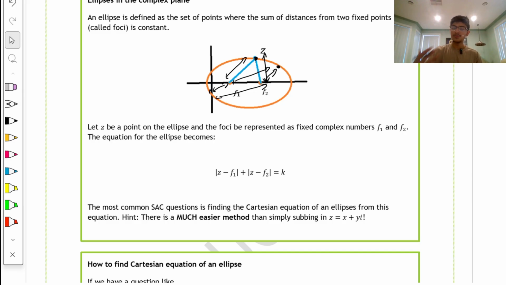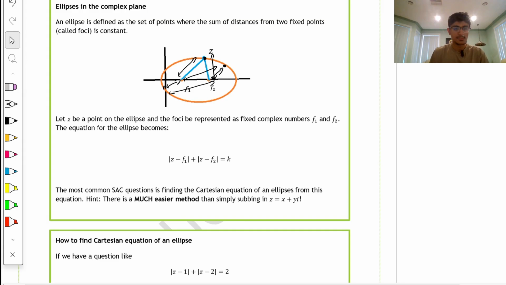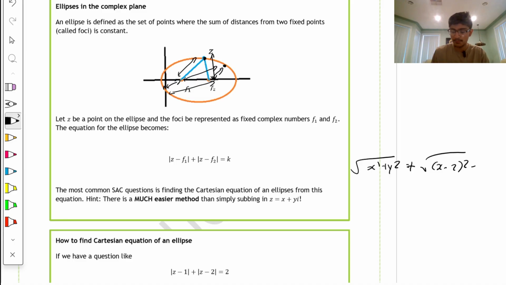And in Units 1, 2 Spesh, you might be looking at that idea of subbing in z equals x plus yi and just solving, squaring both sides, something like this, right? So you get x squared plus y squared plus another, x minus 2 squared plus y squared equals a constant. Then you're rearranging everything, you're squaring both sides, and that's quite tedious, as you'd probably remember. It's a lot of algebra.